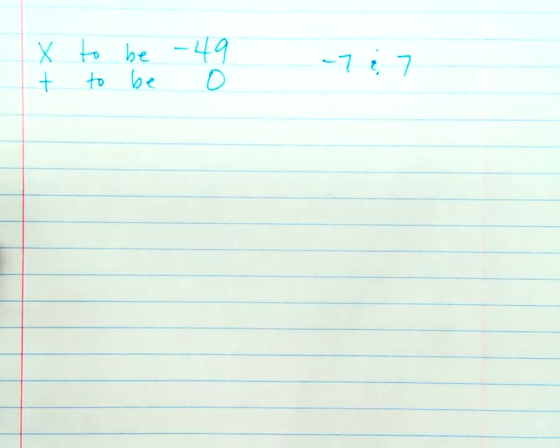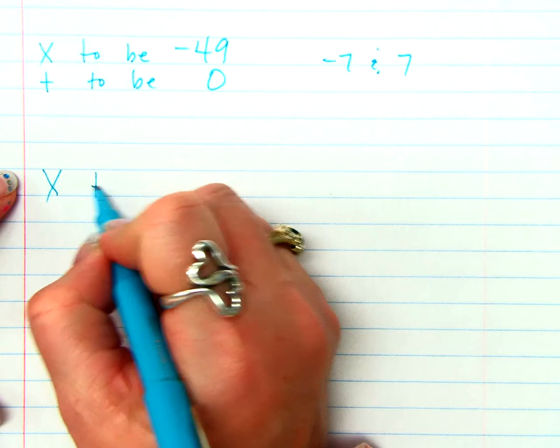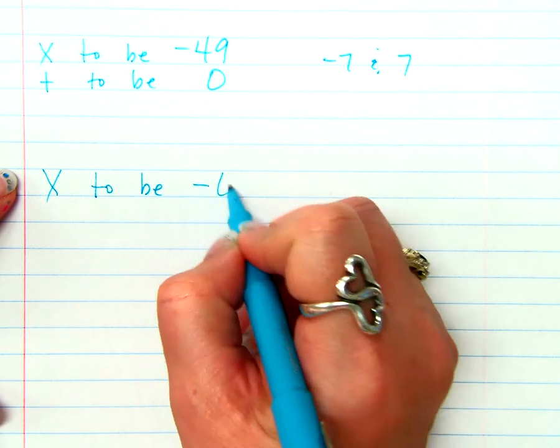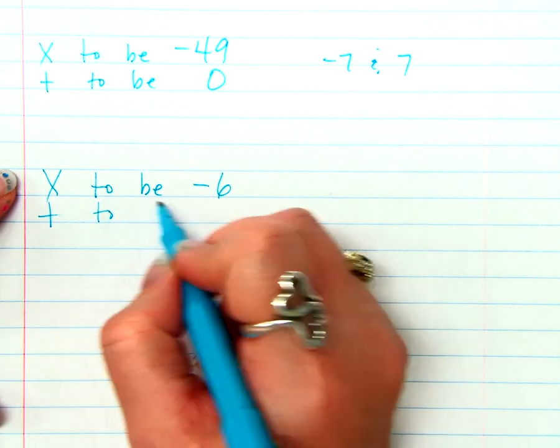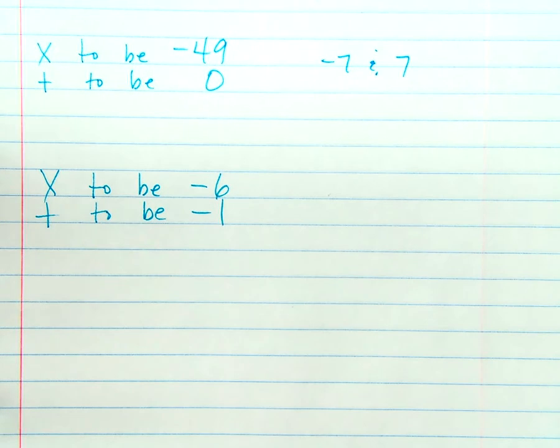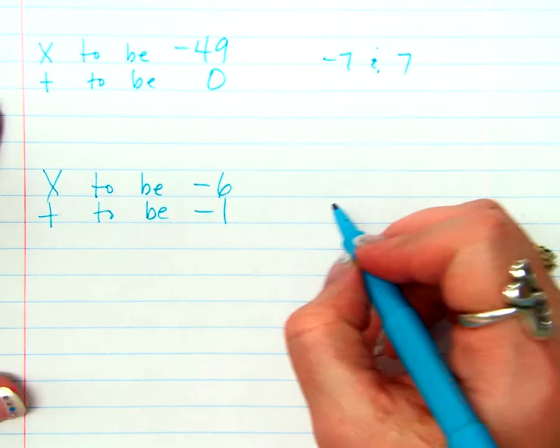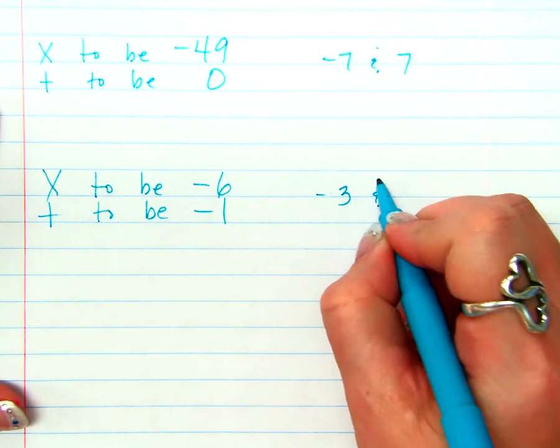She forgot. Multiply to be negative 6 and add to be negative 1. Wait 5 seconds. What is it? Negative 3 and 2.